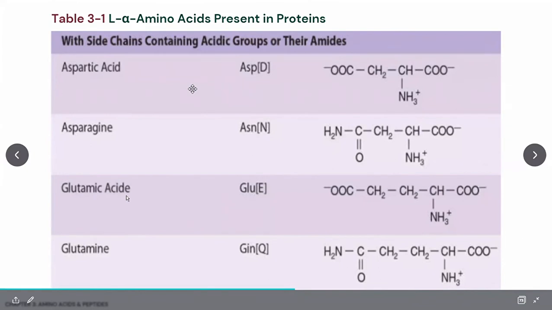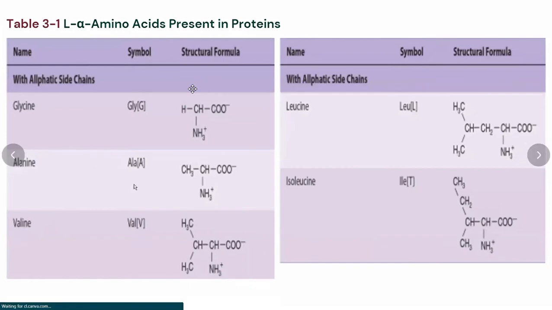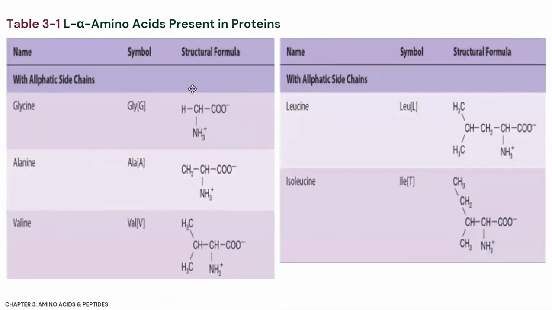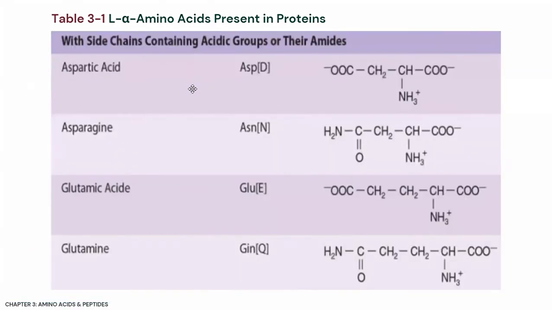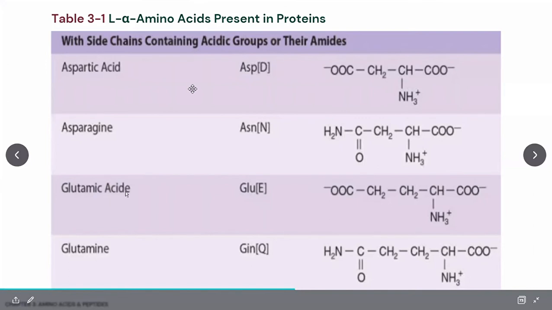Glutamic acid. So just like your aspartic acid, this carboxyl group in the side chain reacts with an amino group to form an amide.